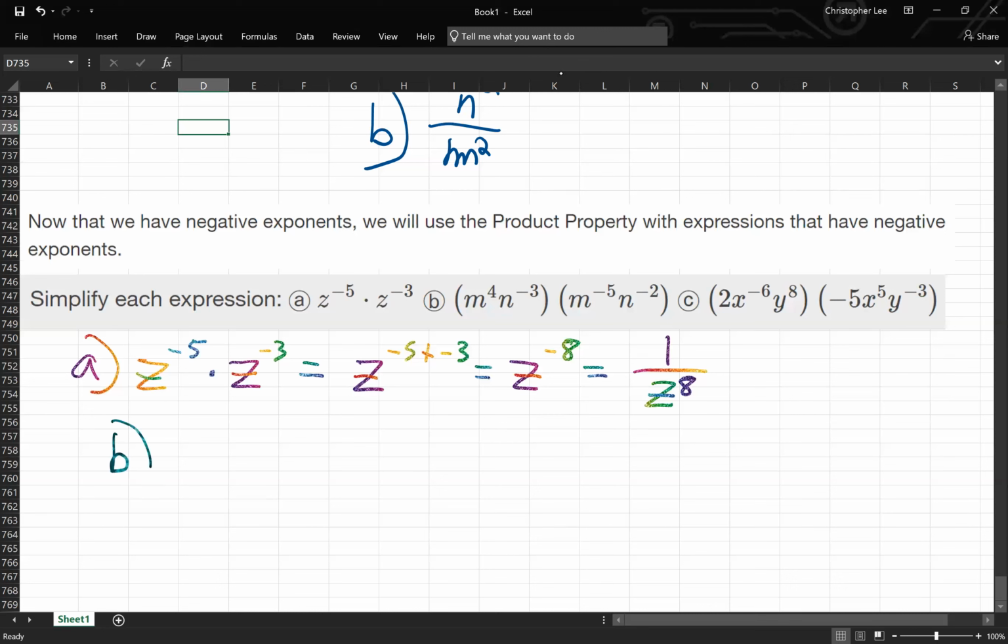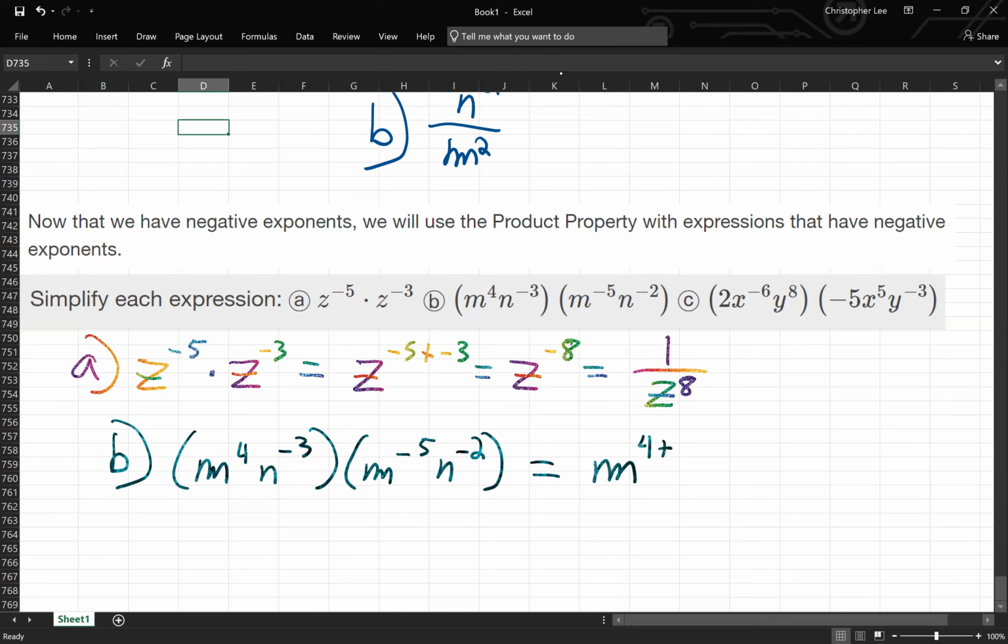Let's look at B. I have m to the 4th power times n to the -3 power times m to the -5th power times n to the -2 power. What's the answer? So m to the 4 plus -5 power, which is m to the -1, and n to the -3 plus -2 power.